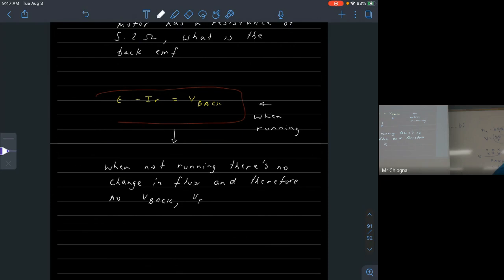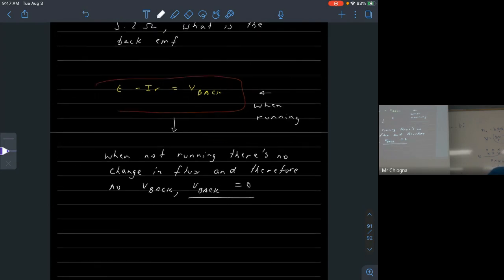V back, which is the back EMF, is 0. So what do you get? E minus IR is 0.